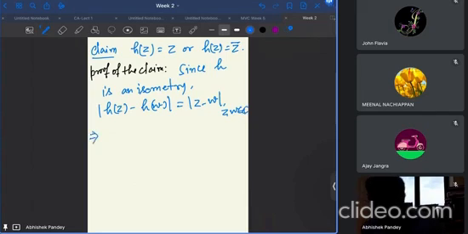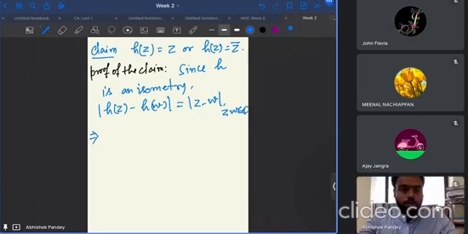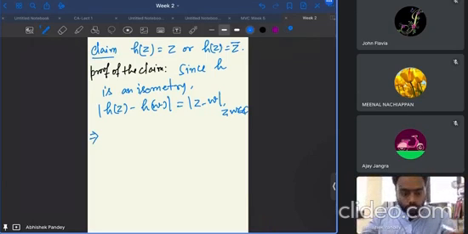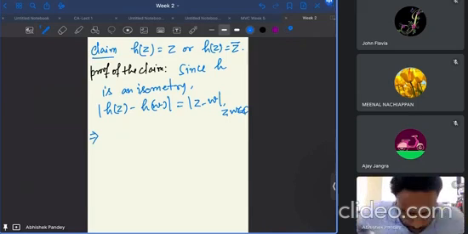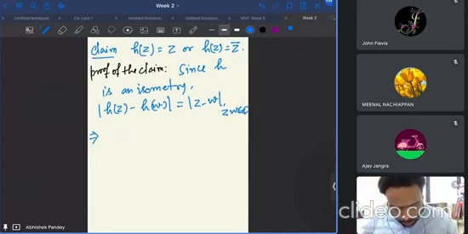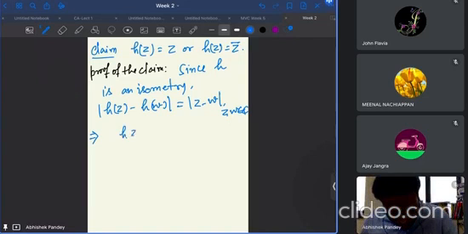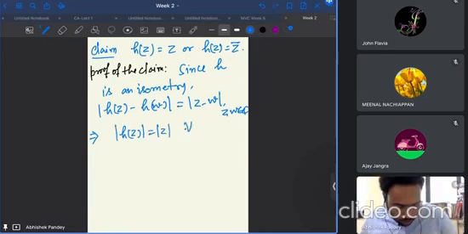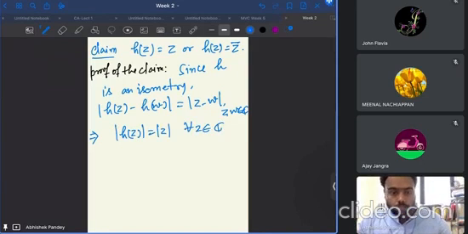Now this implies, if you take w equal to 0, since h(0) is 0, mod of h(z) is equal to mod of z for all z in C. This is easy to see.